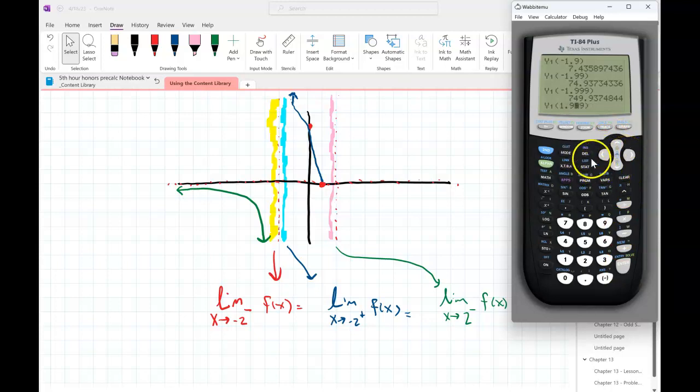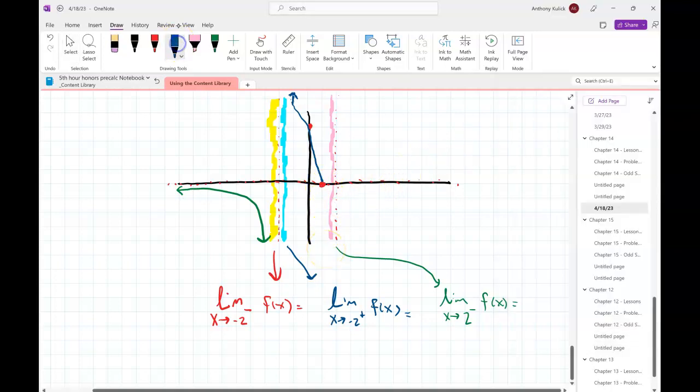So I'll start with something a little less than 2, like 1.9, and then get progressively closer to 2 without ever passing 2. And what do I notice I'm getting? Negative values. So I know that this should just continue heading down rather than bouncing and heading back up or something. It's going to look like that.